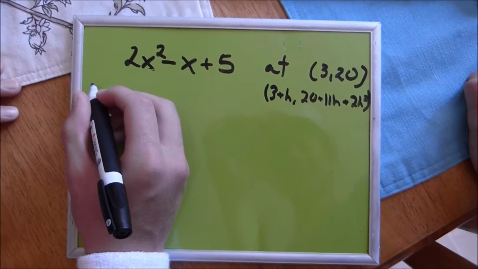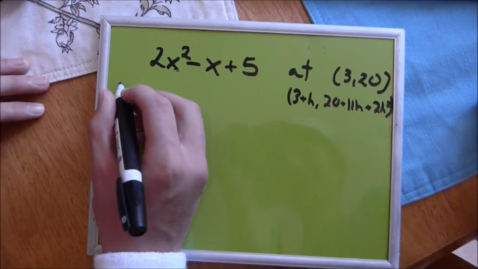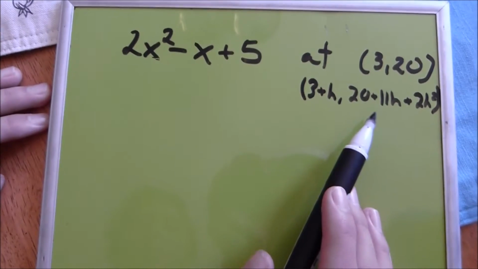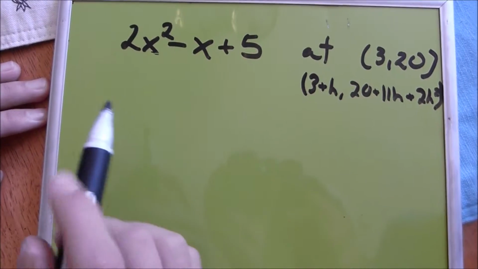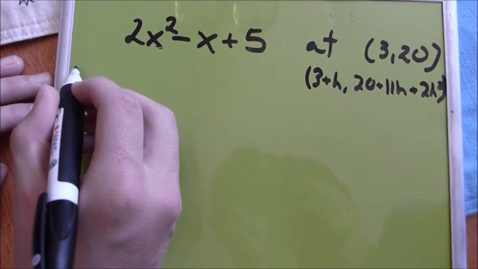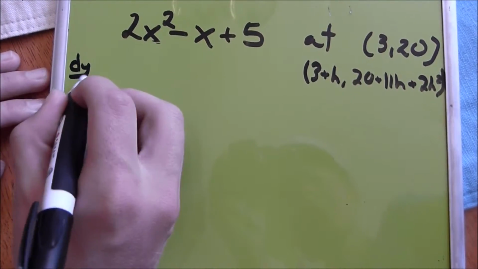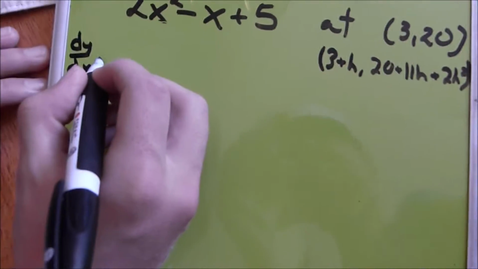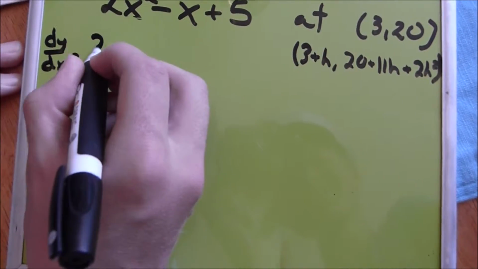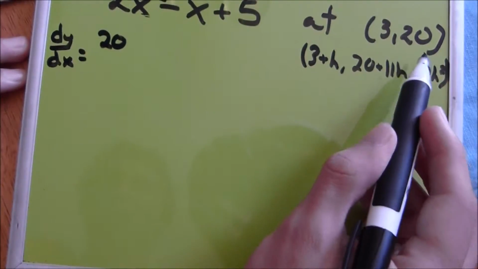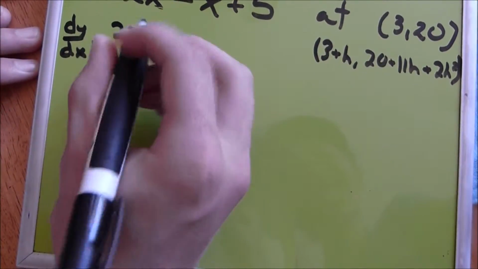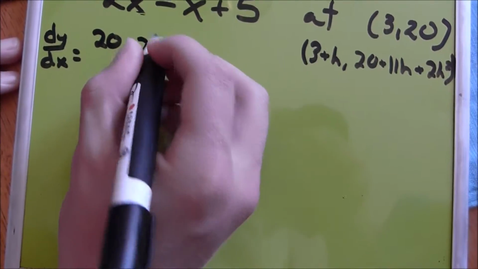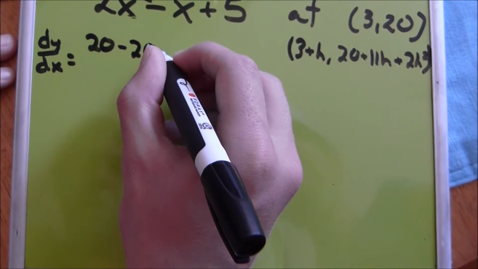So once we find our other x and y, we have to use our formula dy over dx to find the derivative, which is going to be 20, our initial y coordinate, and then we subtract that from our second y coordinate.